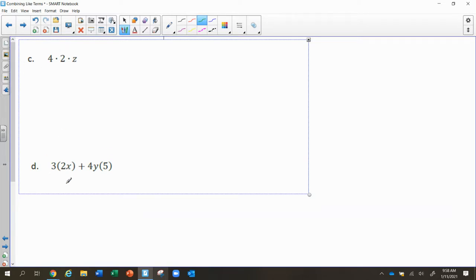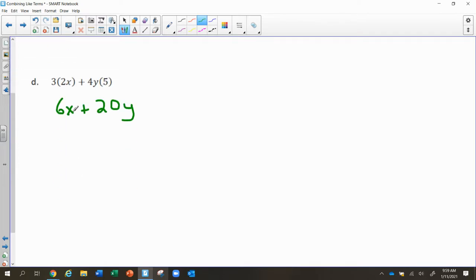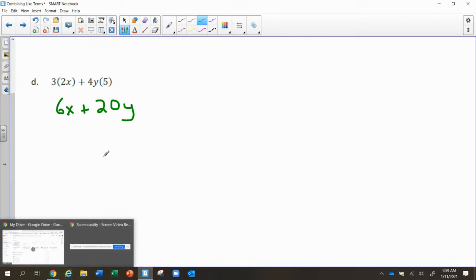I'm going to skip this c for a second, and we're going to use these terms. So 6x, this is what we just found, 6x plus 20y. Now, I've gotten to here. Can I combine anything? Is there any like terms? Well, earlier today, I got some people saying, well, it's 26xy, but we cannot combine terms that are not exactly the same.